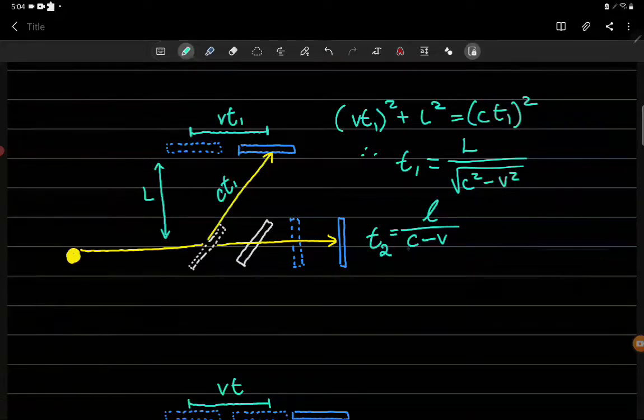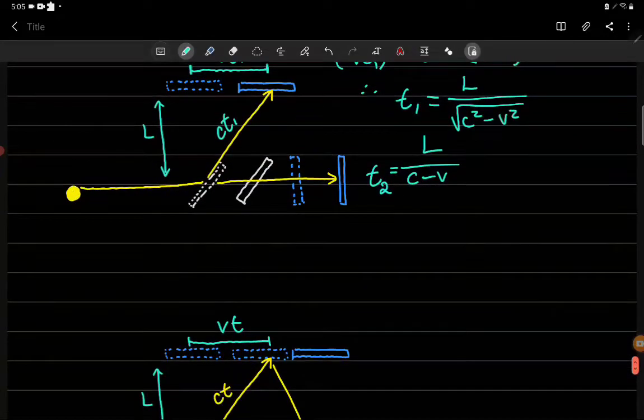So you're traveling some distance L, which should be a capital L, between the half-silvered mirror and the blue mirror here, and you have some relative velocity c minus v. So t2 equals L on c minus v, and you've taken into account the fact that this mirror is shifting along at velocity v. So you've got t1 and t2 here, and then we move on to the next frame.